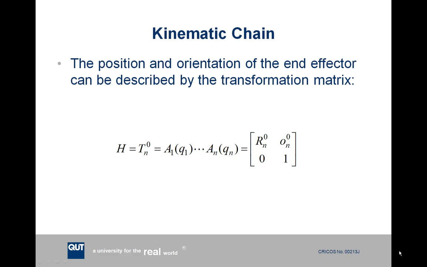Now, of course, you usually have many joints and many links in a robot, and you can chain together all these transformation matrices, A1, A2, all the way up to An, depending on how many links and joints you have, to form a kinematic chain and form the overall transformation matrix, which we generally use the letter T to describe, the transformation from reference frame n to the base reference frame 0.